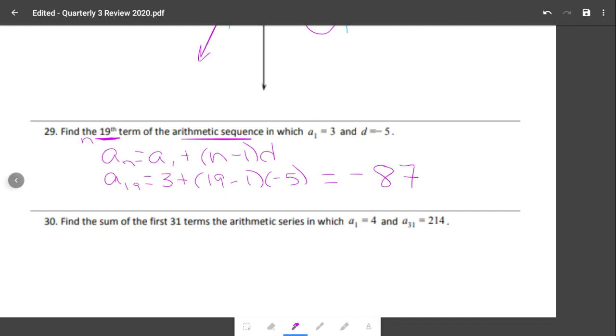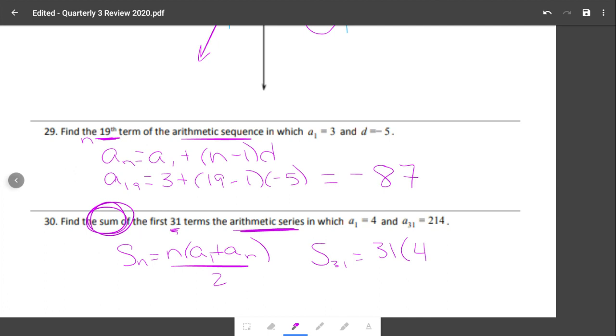Number 30, last one, find the sum of the first 31 terms of the arithmetic series. So this formula, again, you do not have to have it memorized, is right here. So n is how many things we're adding together, so that would be 31.